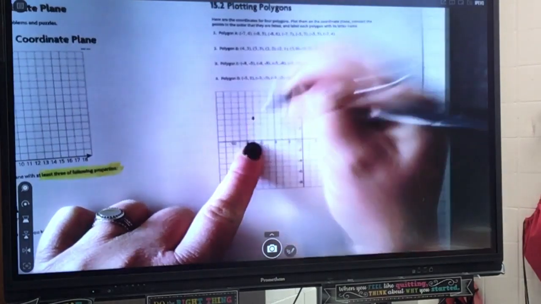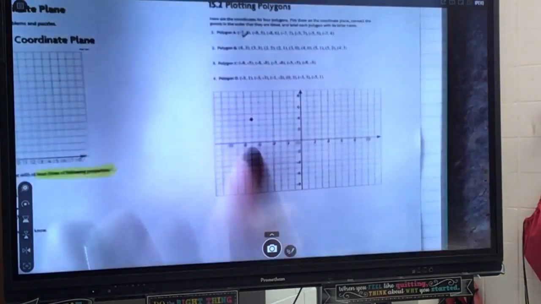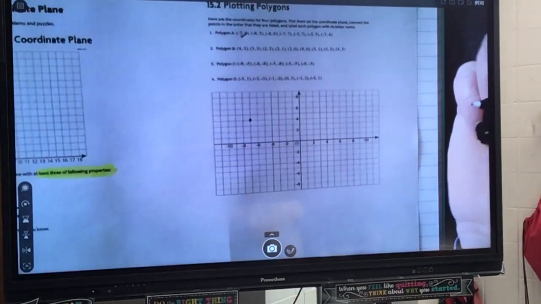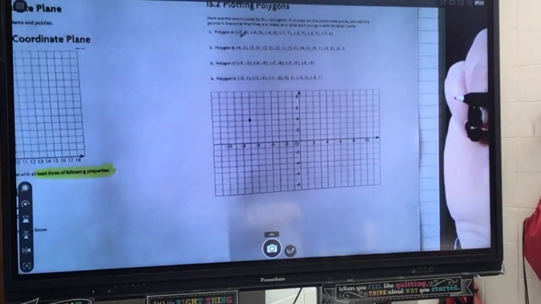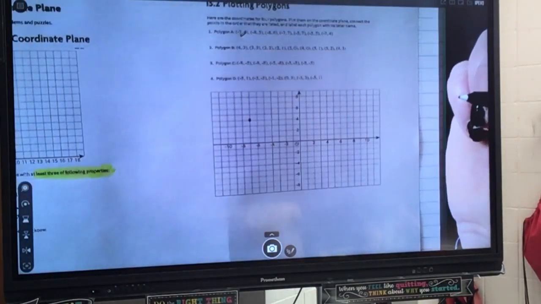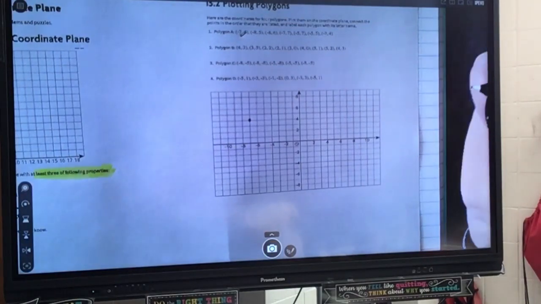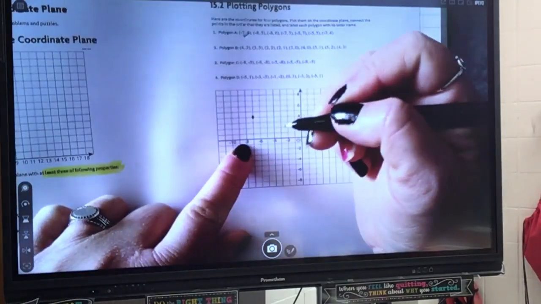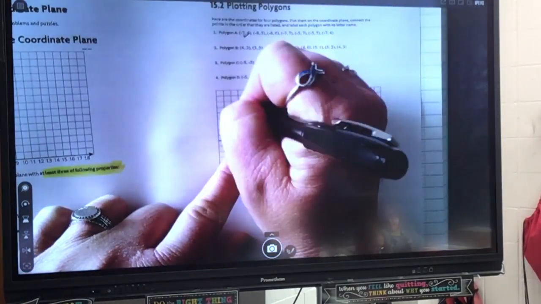So that is our first point. I'm going to check it off. Alright, the next one is negative 8, 5. Negative 8, 5. Someone tell me how to get there. Camden. You go to the left 8 times, and then up 5 times. Okay.